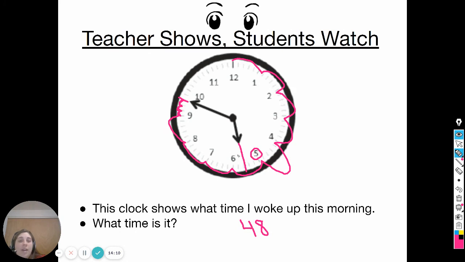Once this passes the 6 and it's pointing a little bit over here, then that means it's 6 o'clock. But if it's in this whole area right here, it is 5 o'clock. So what time did I wake up? The hour is 5 and the minute is 48. So 5:48.